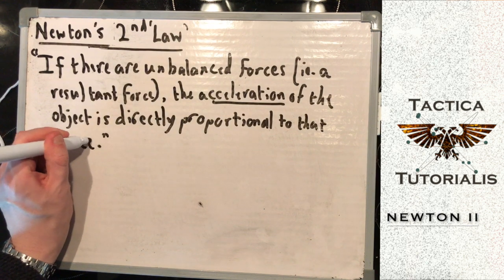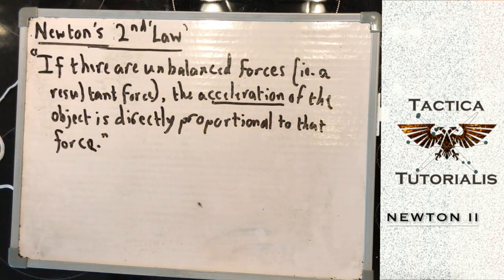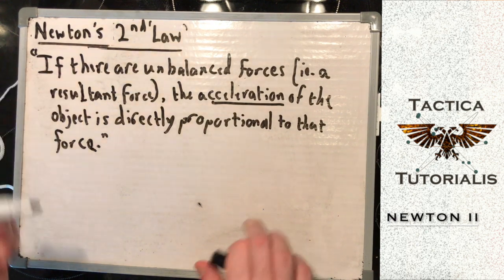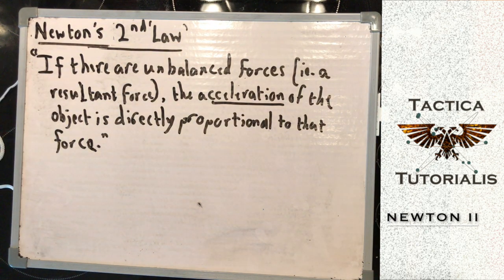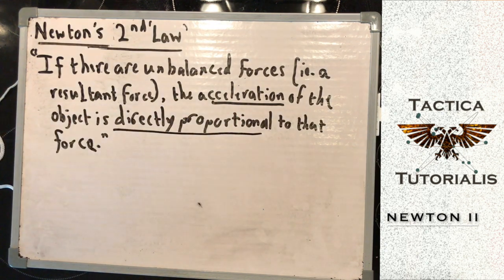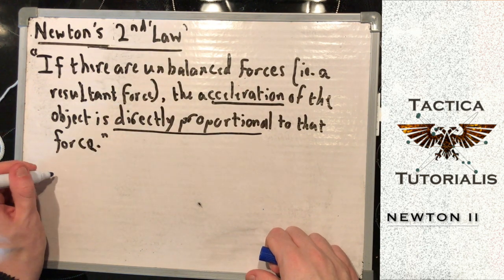Now that's a lot of words, and again, it's some terminology that probably has confused a couple of people, and I completely understand why. So let's go through that sentence and put it in simpler terms. And I'll give it to you in equation form.